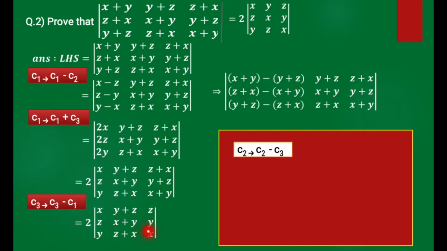Here x plus y minus y, so plus y minus y gets cancelled, we get x. Then z plus x minus x, plus x minus x gets cancelled, we get z. So we write here, after writing the elements, we say this is value of RHS. So we write here LHS is equal to RHS. So in this way we prove LHS equals to RHS.